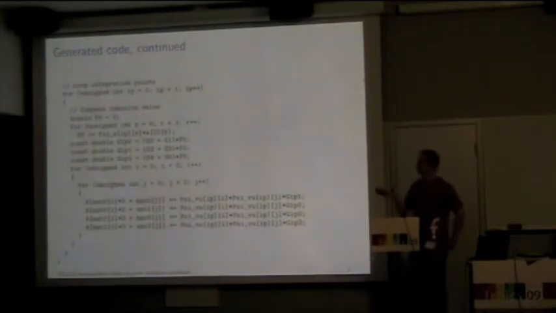The first thing we do is compute the value of the function w, so we just sum over the nodes, the dof values times the basis functions, and then we compute some auxiliary constants which are constant within this loop, so the loop over the indices of the basis functions of v and u.